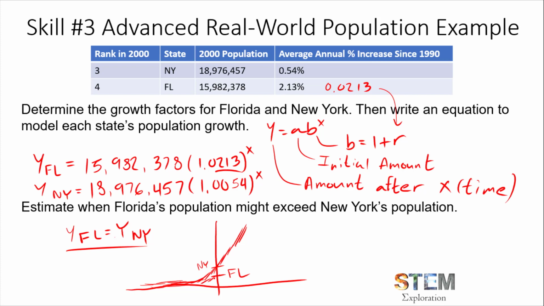But what you'll notice is that as Florida has a higher rate of growth, eventually there will come a point where they will intersect. I would encourage you to plug it in Desmos and give it a try as you're going through and trying to see how this all works out. What you should notice is that they will intersect at about 2011, so 11 years after that point. So when x equals 11, these two functions will intersect.